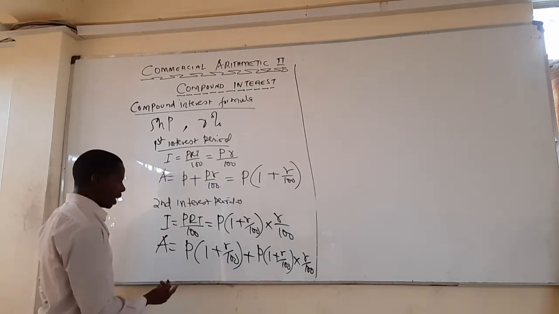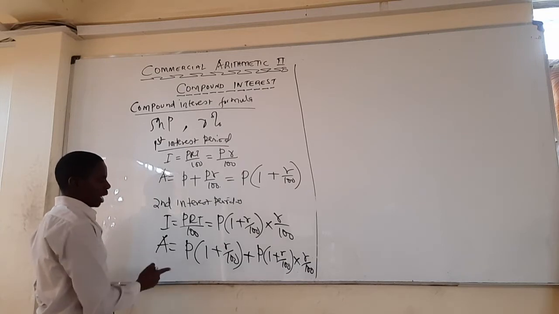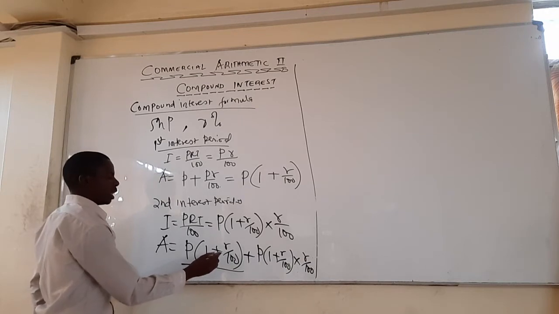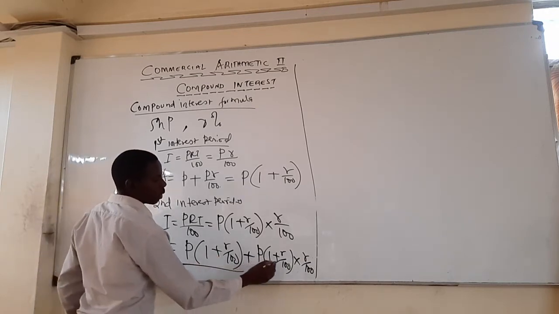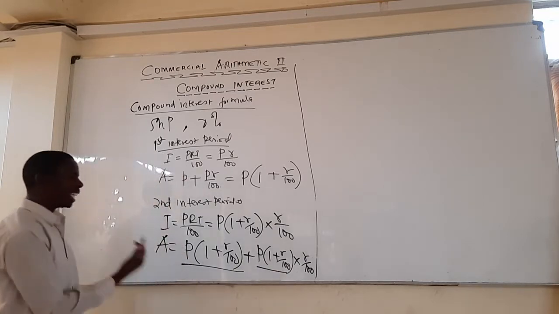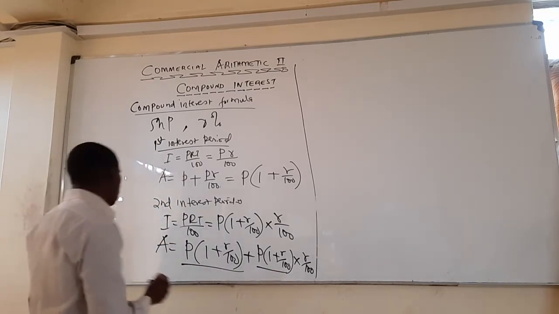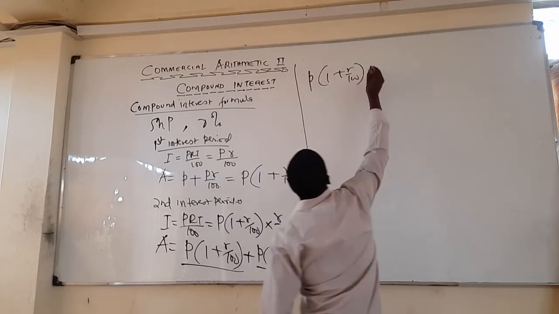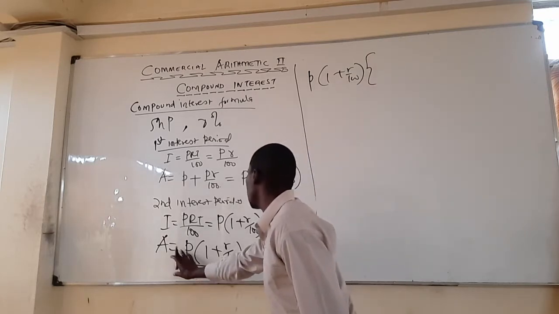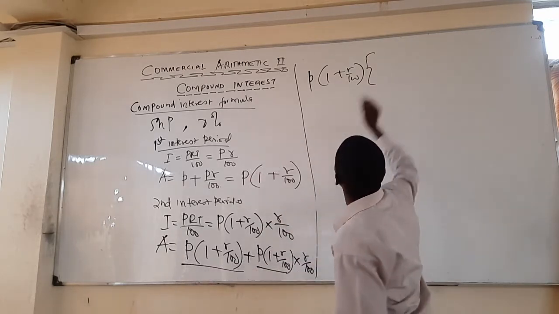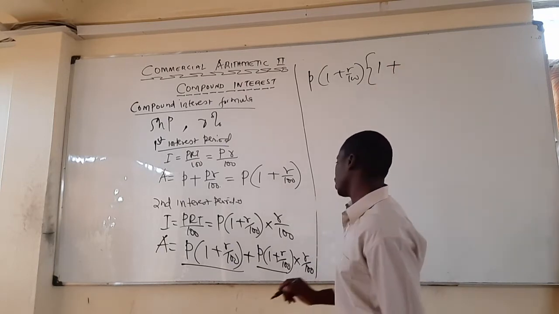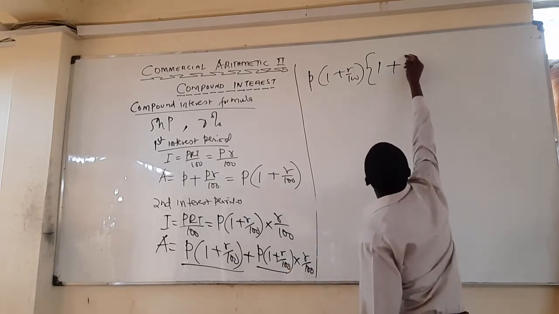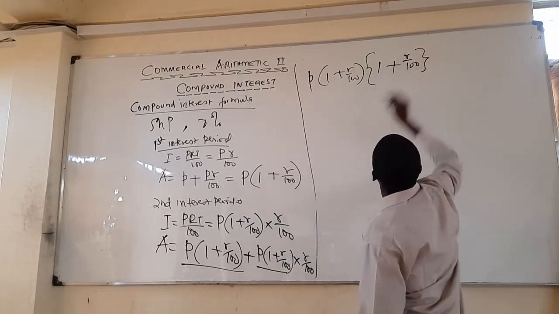We can see that P into bracket 1 plus R over 100 is common. We can factor it out, and when you remove it, you're going to be left with 1 plus R over 100.